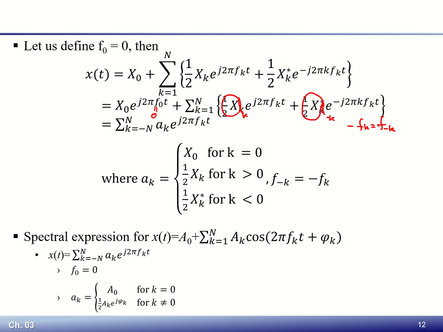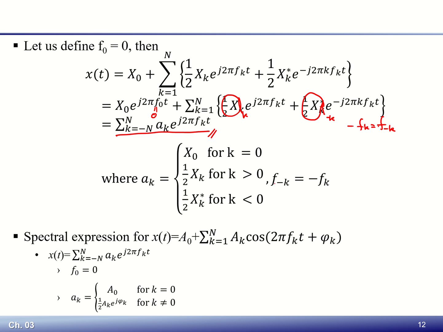It looks more complicated, but rewrite the equation as a single summation. ak is x0 for k is 0, ak is half xk for k a positive integer, and ak is xk conjugate times half for a negative integer.